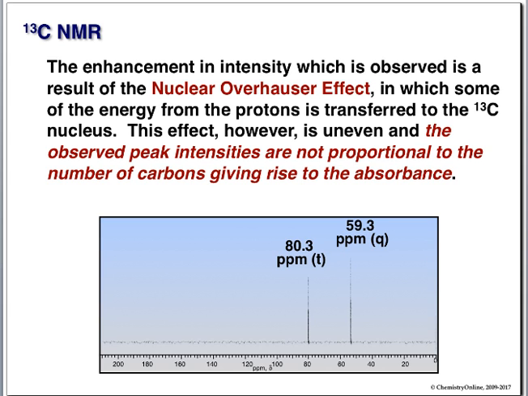So this means we have a peak at 80, it's a triplet, a peak at about 60, that's a quartet. And that corresponds to the compound that we were looking at, our diether. Any questions?